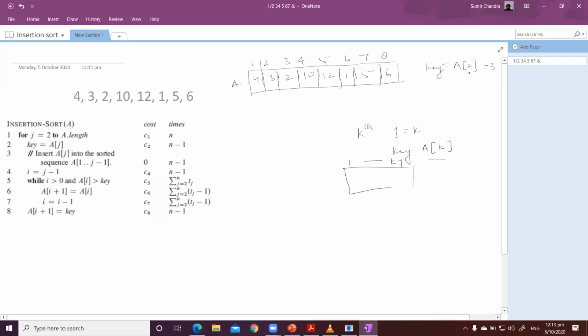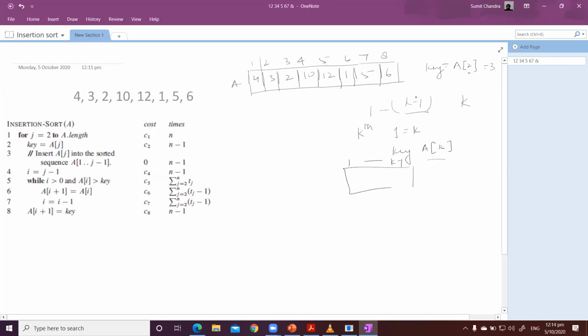So if j is 2, we'll compare it with 1. If j is 3, we'll compare with 1 and 2. If j is 4, we'll compare with 1, 2, 3. If it is 5, we'll compare with 1 to 4. In general, if the j value is k, we'll compare the kth value with all k minus 1 values starting from 1. Is this clear?